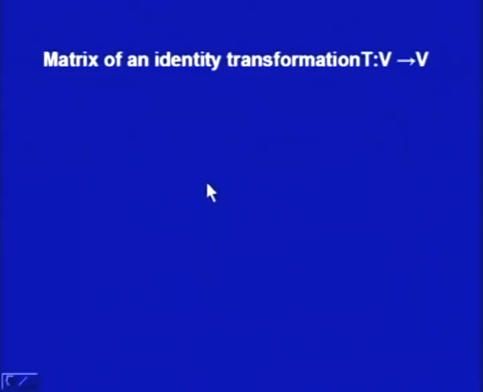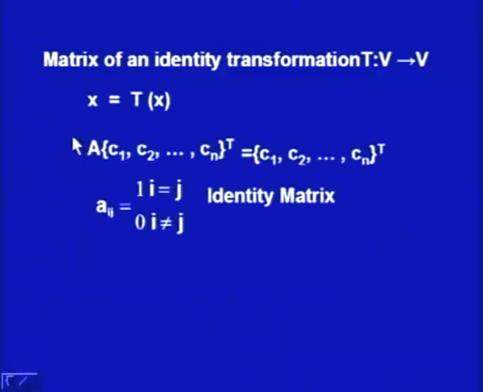Now, the matrix of an identity transformation. If we have a transformation T from V to V, then the identity transformation means every x in V will map to T of x, or T of x will be x itself.